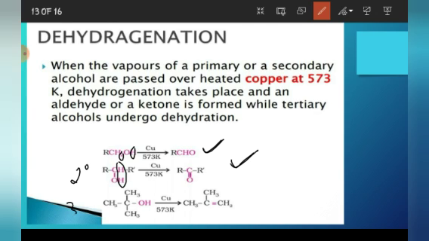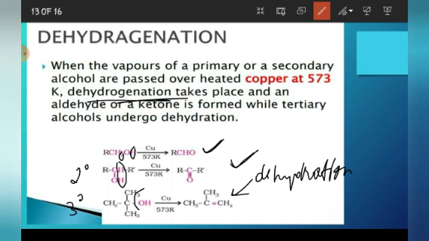In the 3 degree alcohol, dehydration will happen. This is the difference: the first two are dehydrogenation, but this is dehydration, which is removal of water, and we will get alkene.